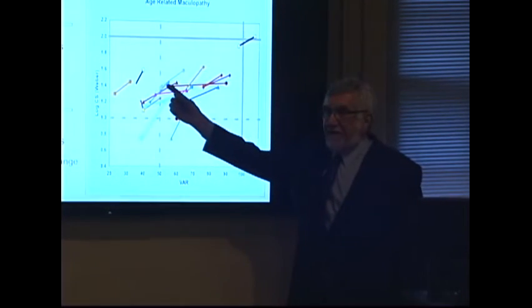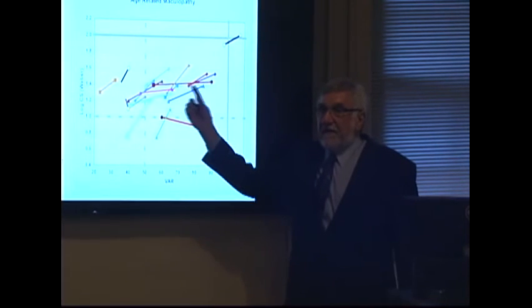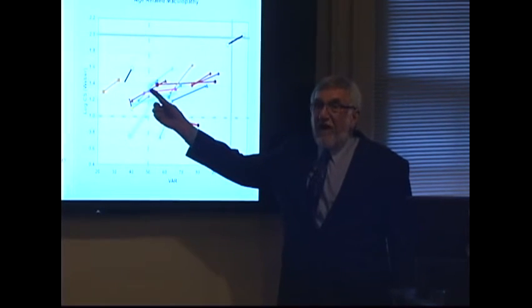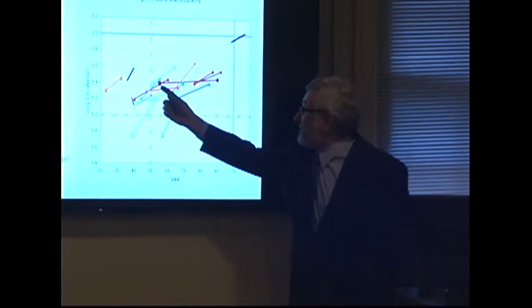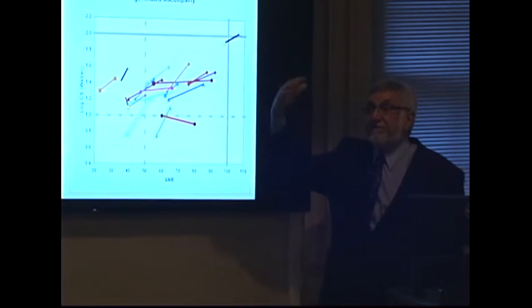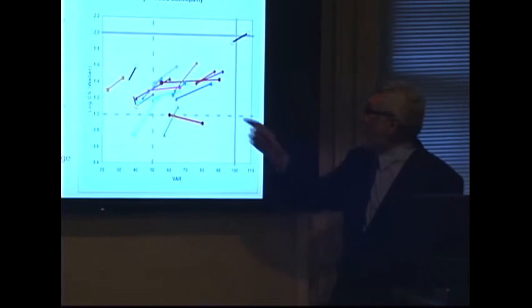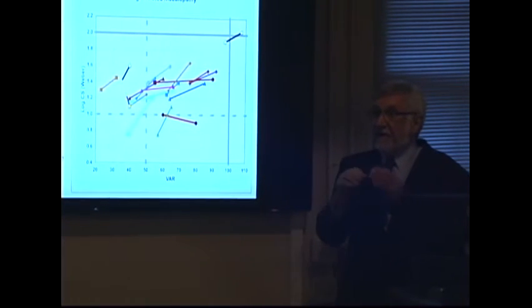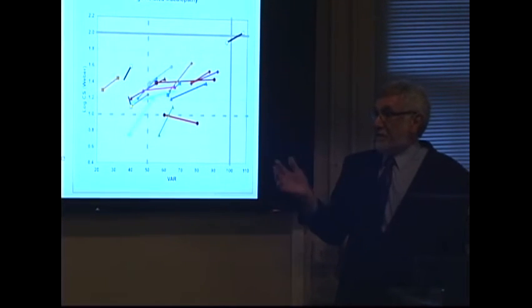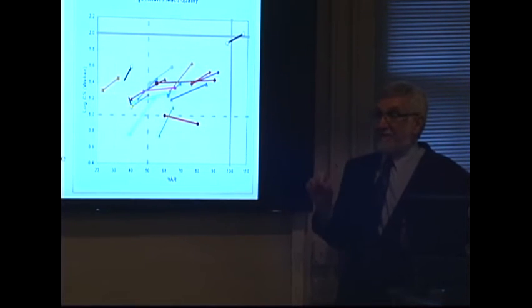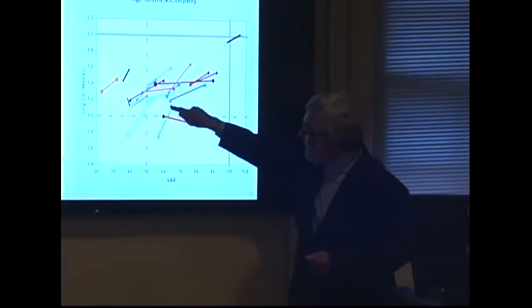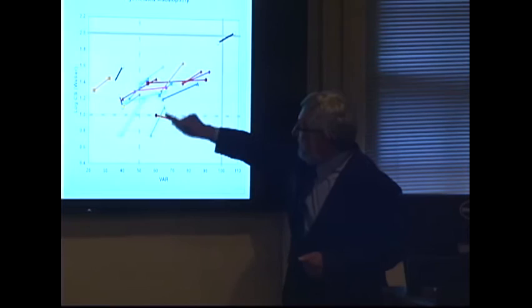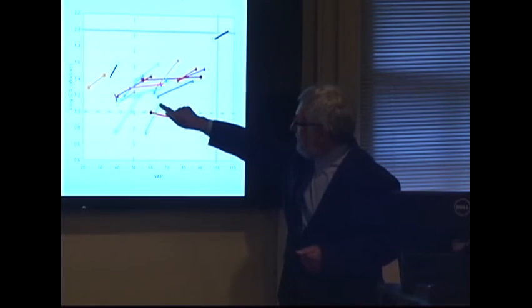There's one dramatic, almost horizontal line here. This covers 7 lines on the chart, a factor of 5-fold in the acuity, without much change in contrast sensitivity. So put this person in dim light, their acuity disappears, their contrast sensitivity doesn't change much. Now here we've got people who have poor visual acuity.